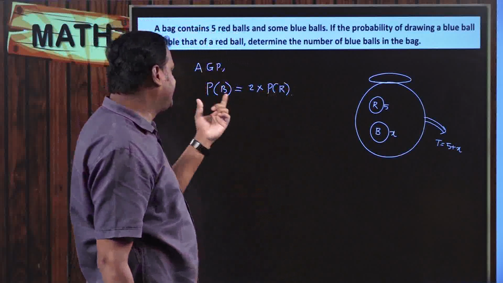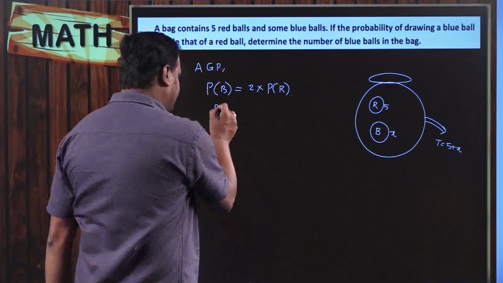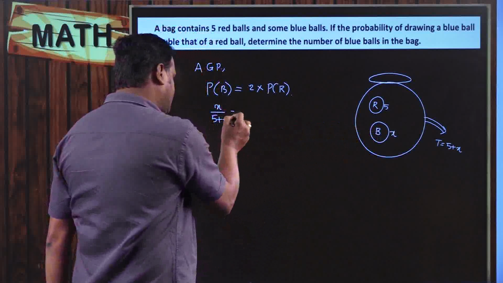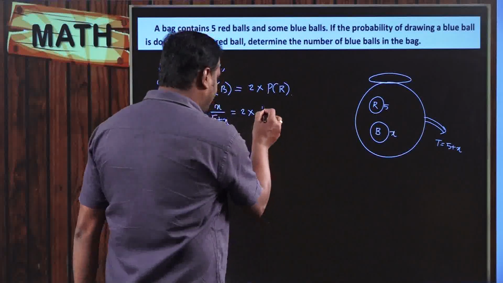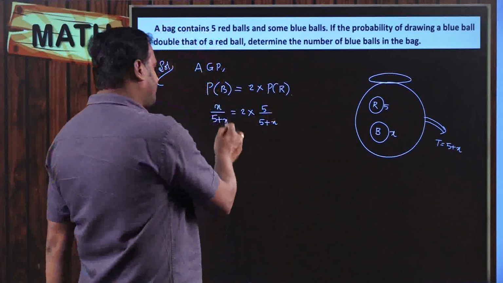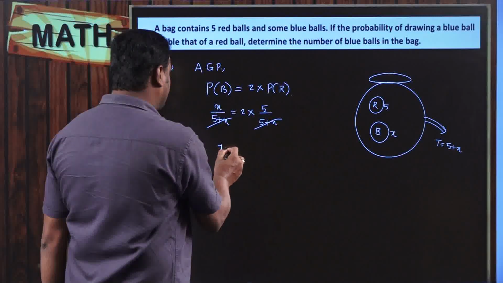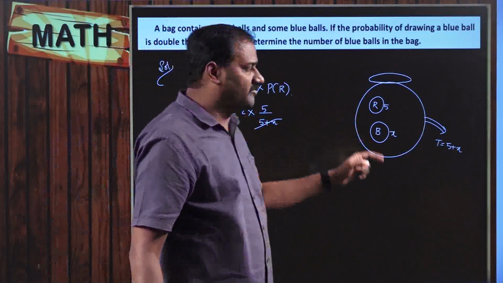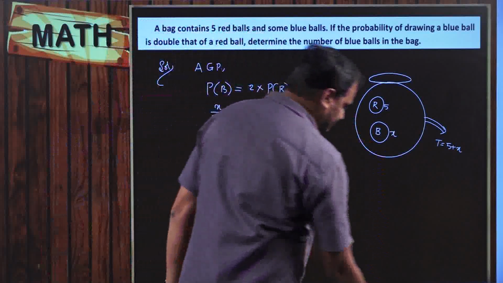So the probability of getting a blue ball, the number of blue balls X divided by the total number of balls 5 plus X, is equal to 2 times the probability of drawing a red ball, 5 divided by the total number of balls 5 plus X. Similarly, 5 plus X is the denominator in both fractions and can be cancelled, and then X is equal to 2 times 5, which is 10. Therefore, the total number of blue balls in the bag is going to be 10. So this way we can answer the problem.